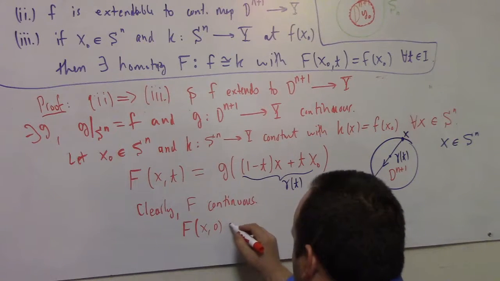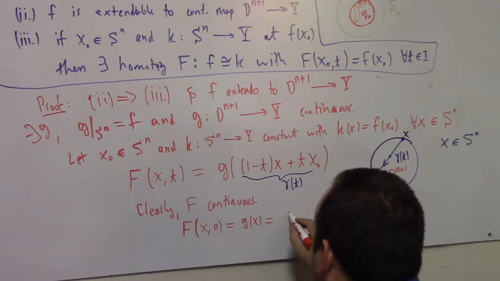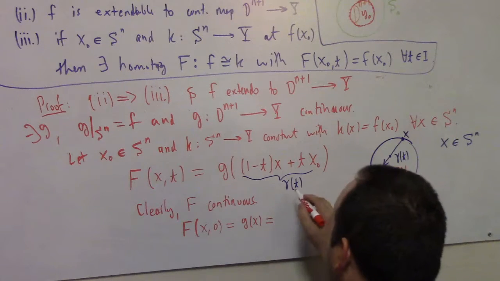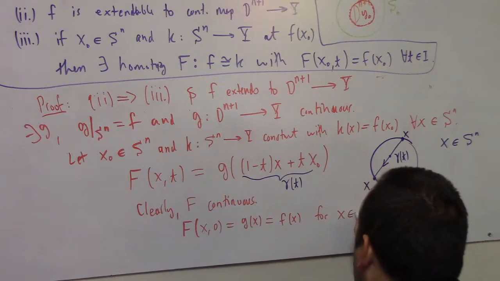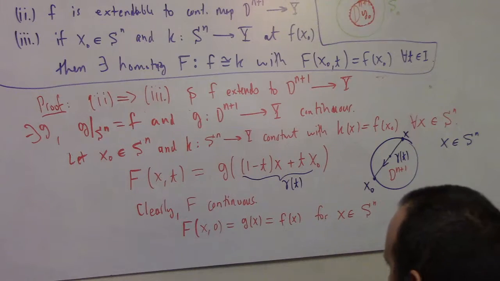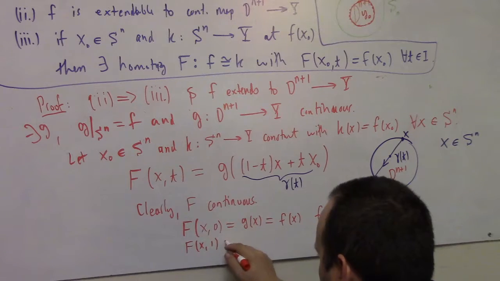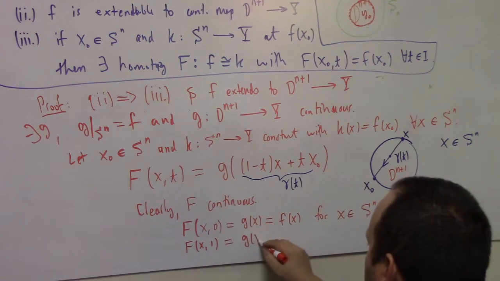It's just going to be g of x, which is f of x. It's g restricted to Sn, of course. And F of x comma 1 is g of x naught, which is f of x naught.